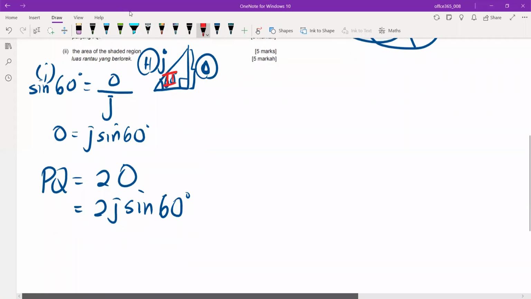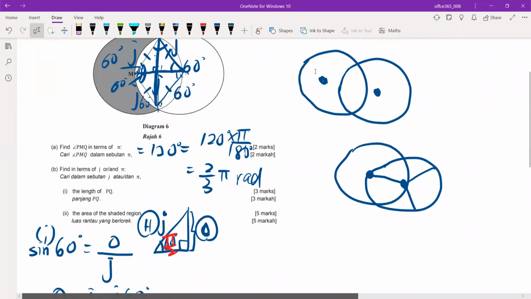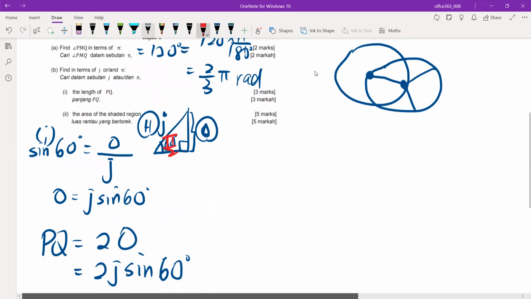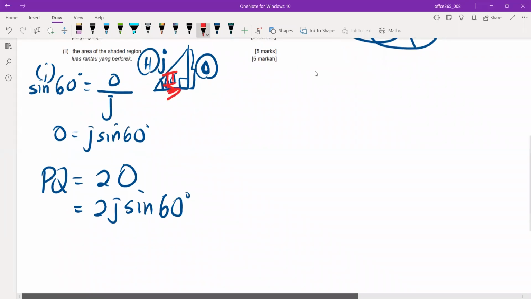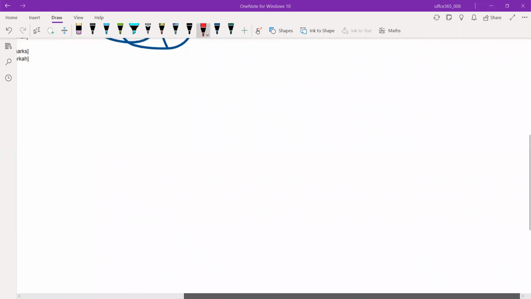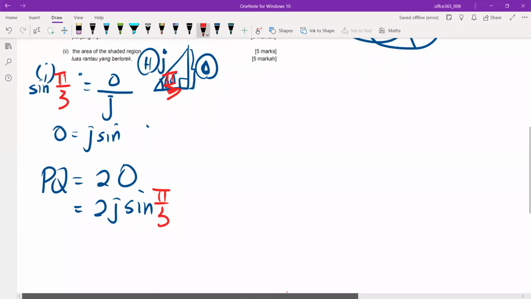It's 2 over 3 pi, divide by 2, so 1 over 3 pi. Pi over 3, pi over 3. People use radians, you follow pi over 3. Okay, pi over 3. So this is the answer: 2J sine pi over 3.